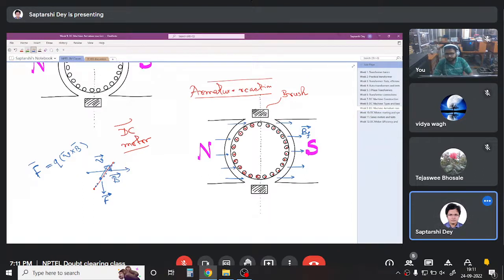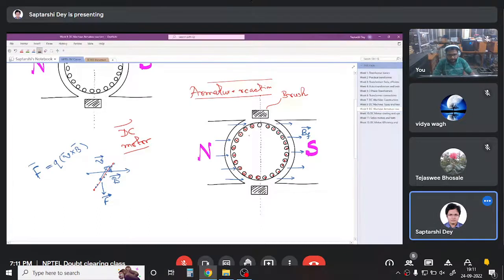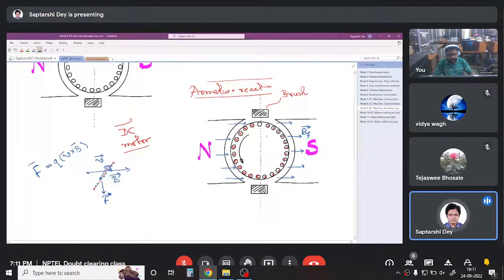Hence, the machine or the armature will rotate in this direction. You can verify it by finding out the direction of force on a conductor on our right hand side. You will get it's upwards. In one class, maybe in week 7, yeah, in week 7 we discussed such problems.